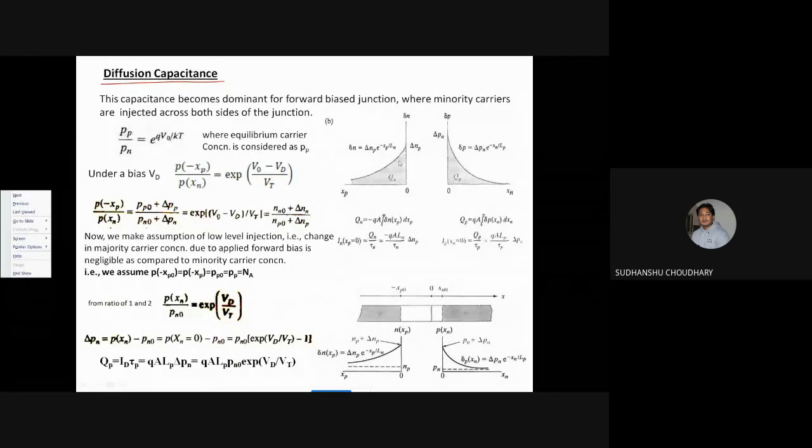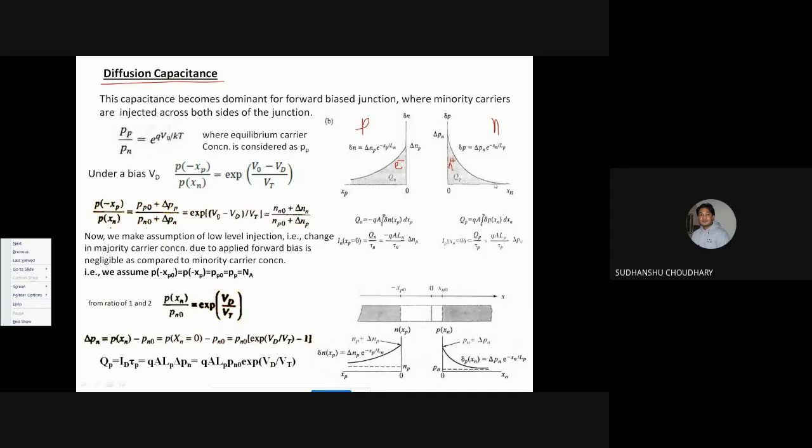When the diode is forward biased, the holes will diffuse from P to N and the electrons will diffuse from N to P. Or we say that there will be an injection of minority carriers in the N side. So this is the N side and this is the P side. There is an injection of minority carriers which are holes in the N side. Similarly, injection of minority carriers which are electrons in the P side.